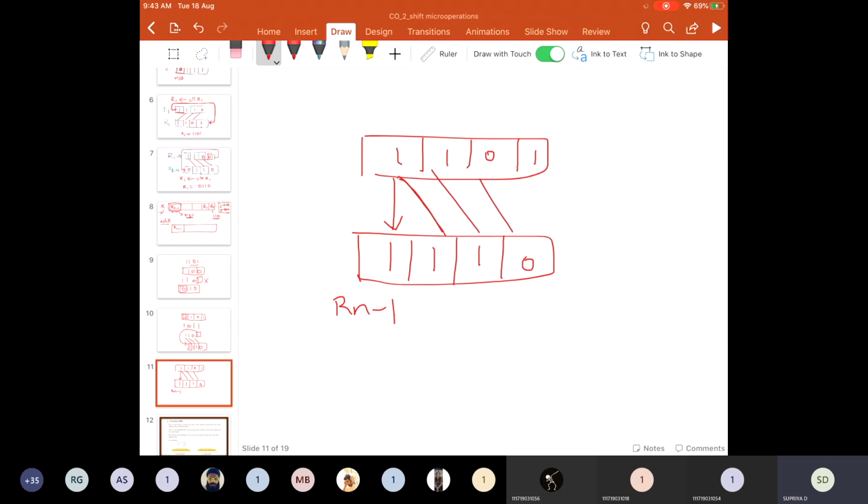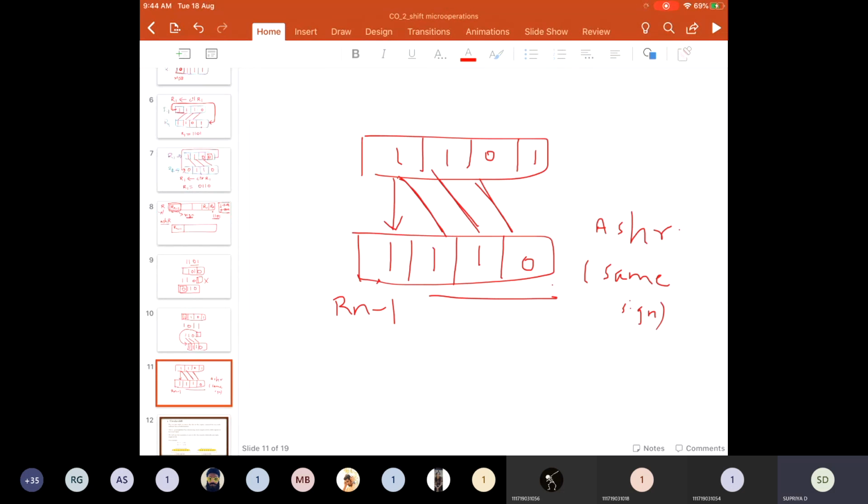You are going to perform the same logical shift right operation that we have done for the remaining bits, whereas the most significant bit remains unchanged. This is arithmetic shift right. As we are performing arithmetic shift right, there is no problem with the sign of a number. We are directly shifting it, and the result you get will have the same sign that you have in the given number.